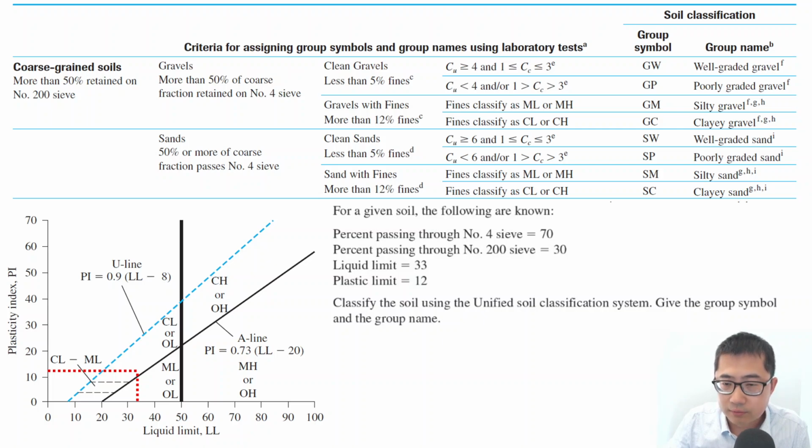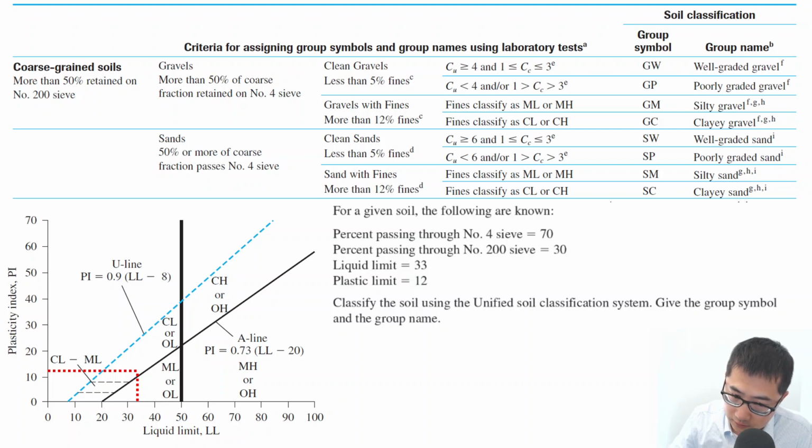I can't really write on the screen. I've got my iPad at home today, but I hope you can write that down on your notepad: percent of gravel, 30%. Those are all very useful information you're going to need for the soil classification. The next piece of given information is that percent passing through number 200 is 30%.